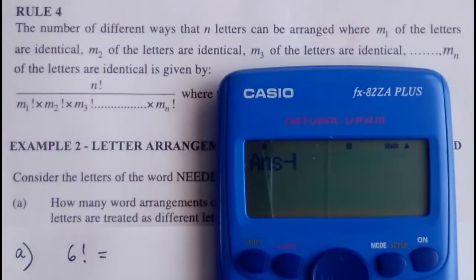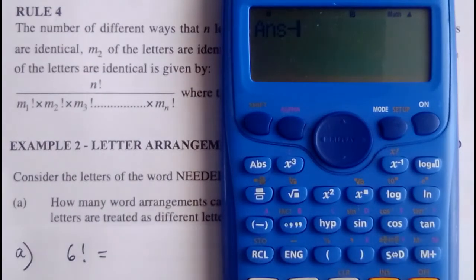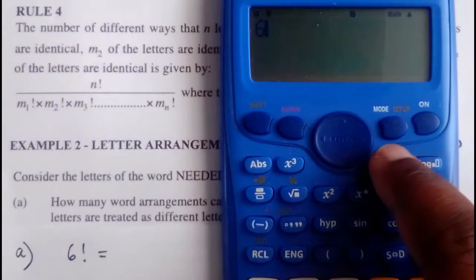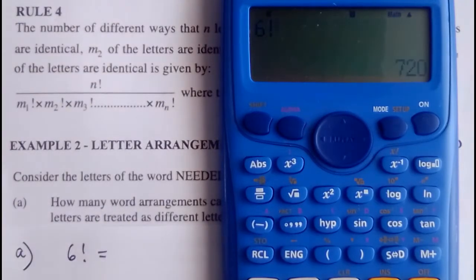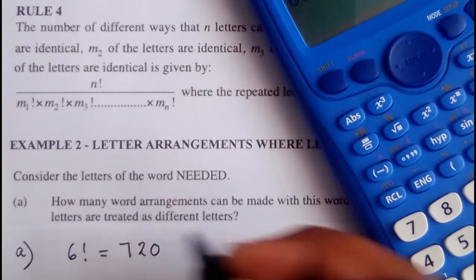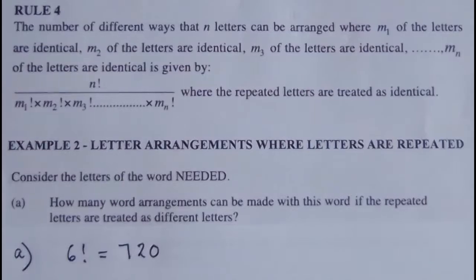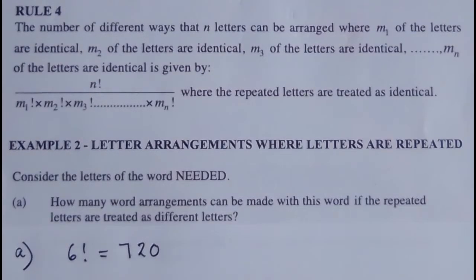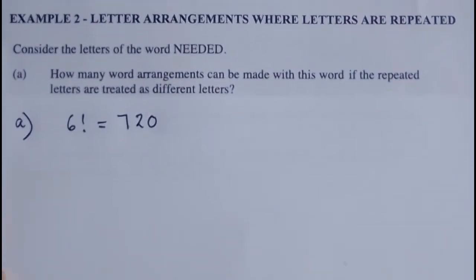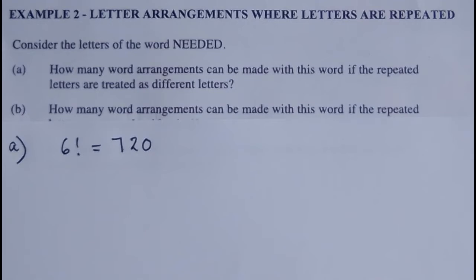I would like to put my calculator on this so that you can see exactly how it works. 6 factorial is 720 ways. If we treat these as different letters, in those 720 word arrangements you're going to find a lot of duplications. Now, how do we take care of the duplications? Let's see in the next example how this is going to work.